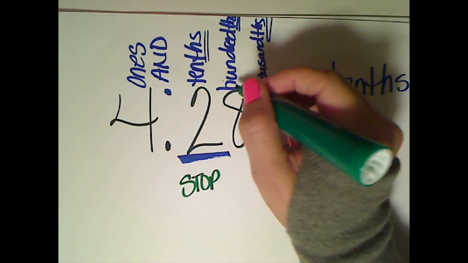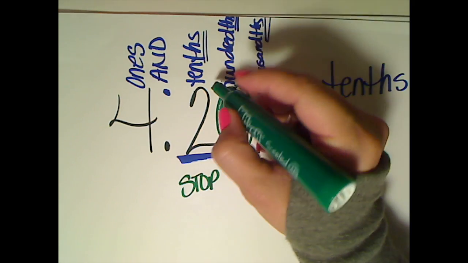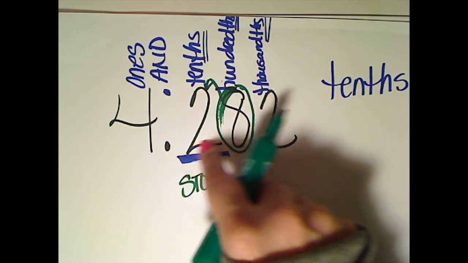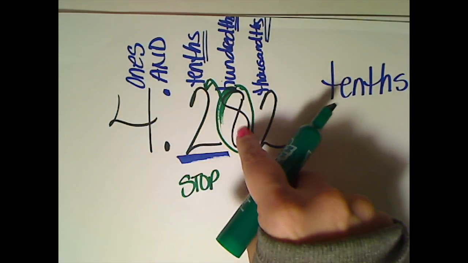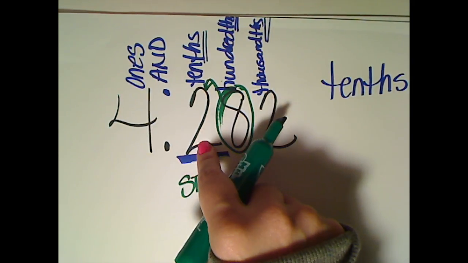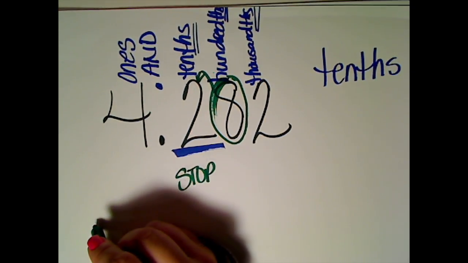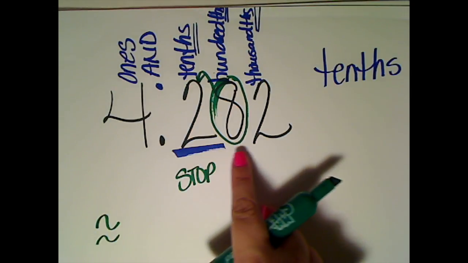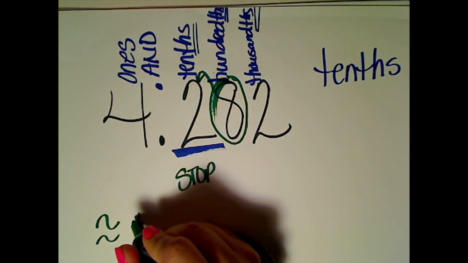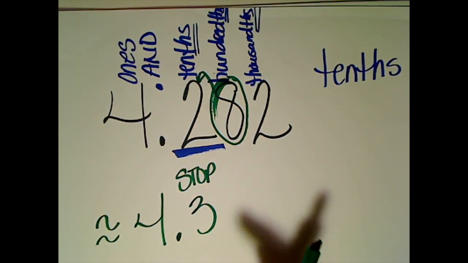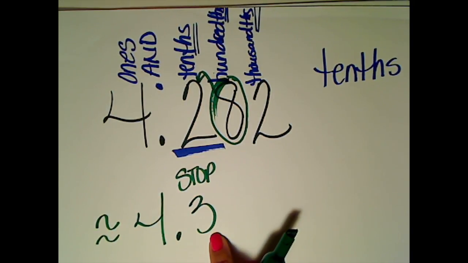I'm going to circle the number to the right, and I'm going to say, if it's 4 or less, I let this number rest as it is. If it's 5 or more, I raise the tenths place score. So I would round 4 and 282 thousandths to 4 and 3 tenths.